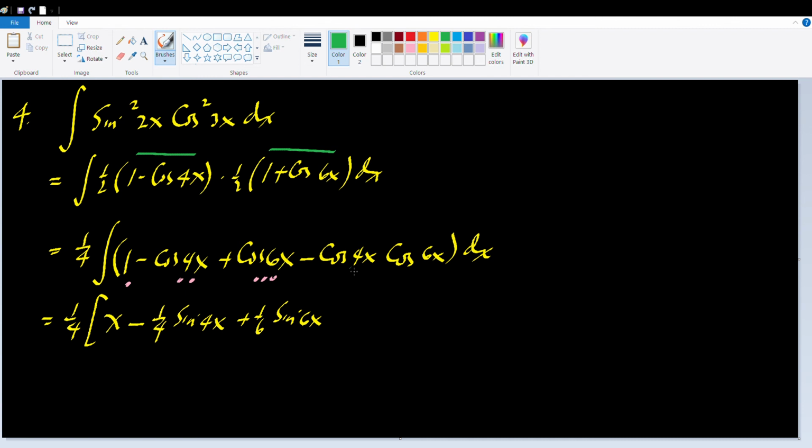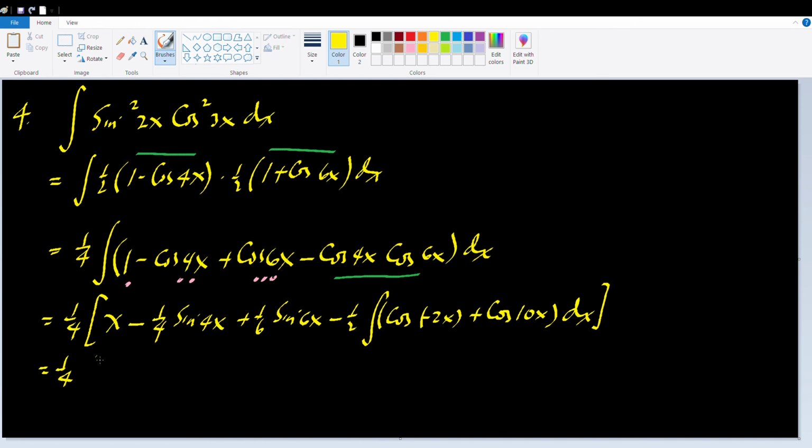For this integral, cosine 4x cosine 6x, we apply the third identity, which is 1/2 of cosine of 4x minus 6x, which is negative 2x, plus cosine of 4x plus 6x, which is 10x, quantity dx.